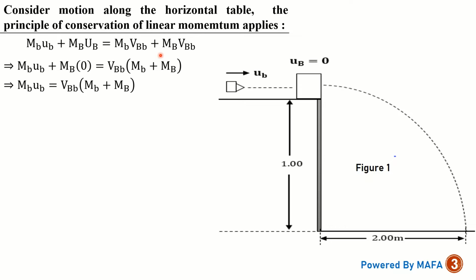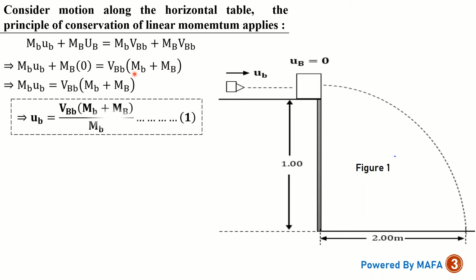So from there we can get the initial velocity of the bullet to be the final velocity of the bullet, which is the same as the final velocity of the block, times the sum of their masses divided by the mass of the bullet. Now we have the mass of the bullet, we have the mass of the block, but we don't have their final velocity, that is their common velocity after collision.